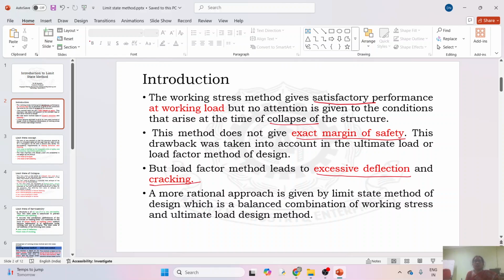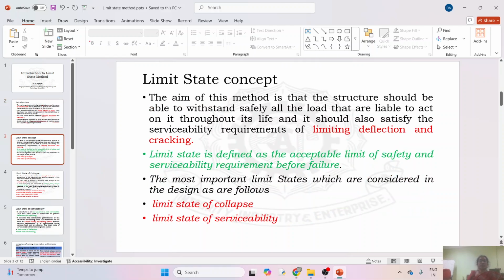A more rational approach is given by the limit state method of design, which is a balanced combination of working stress method and ultimate load design method. Limit state concept.